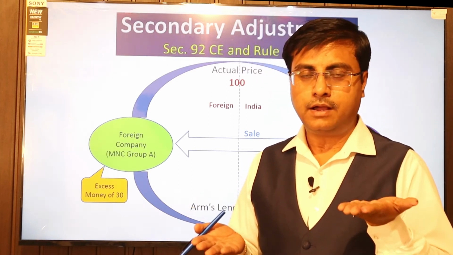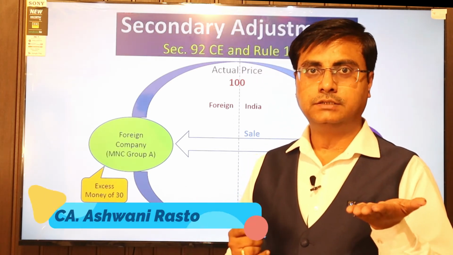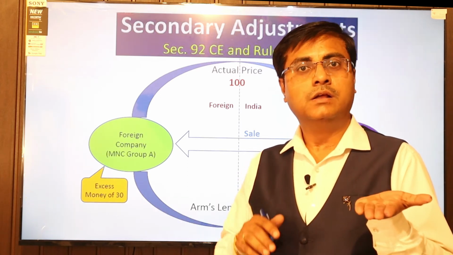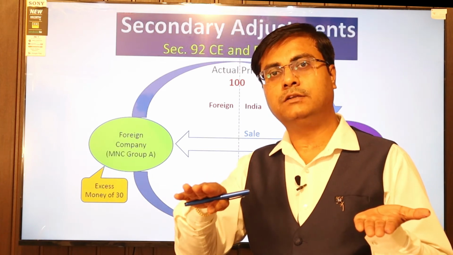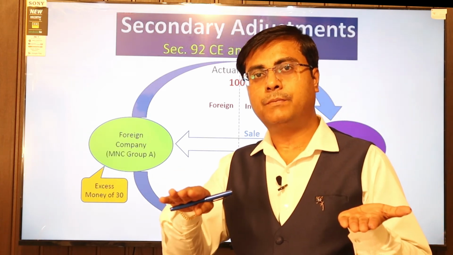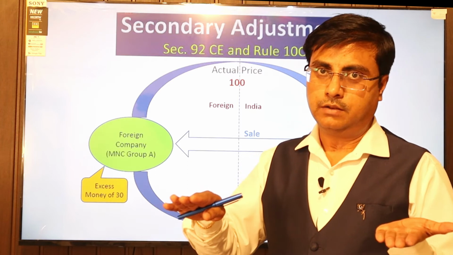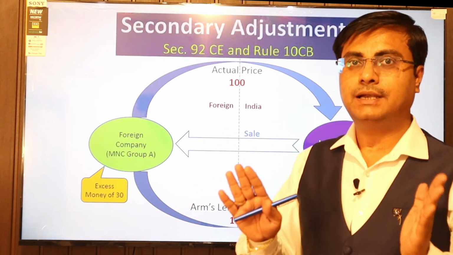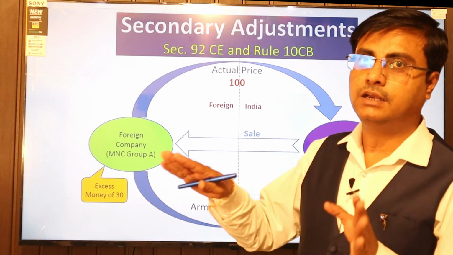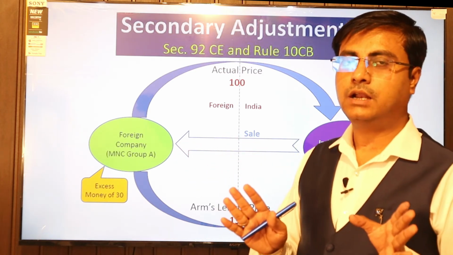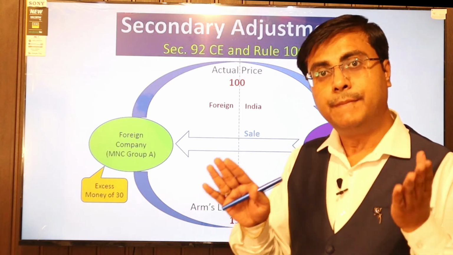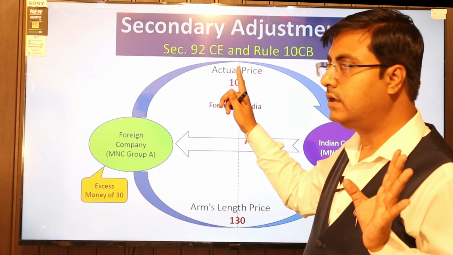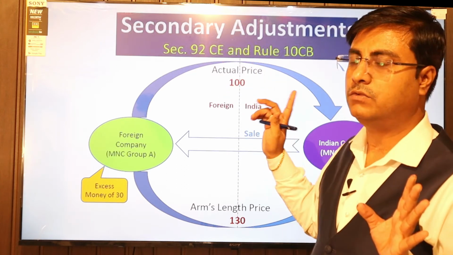Suppose they make a TP adjustment in respect of A associated enterprise, the counterpart corresponding adjustment will reduce from the income of B associated enterprise. That is a corresponding adjustment, not covered in the Indian TP, but it is allowed as per the treaty. As per the double taxation avoidance agreement with the country, the MAP competent authority allows you corresponding adjustment also. So I discussed primary adjustment, secondary adjustment, corresponding adjustment.